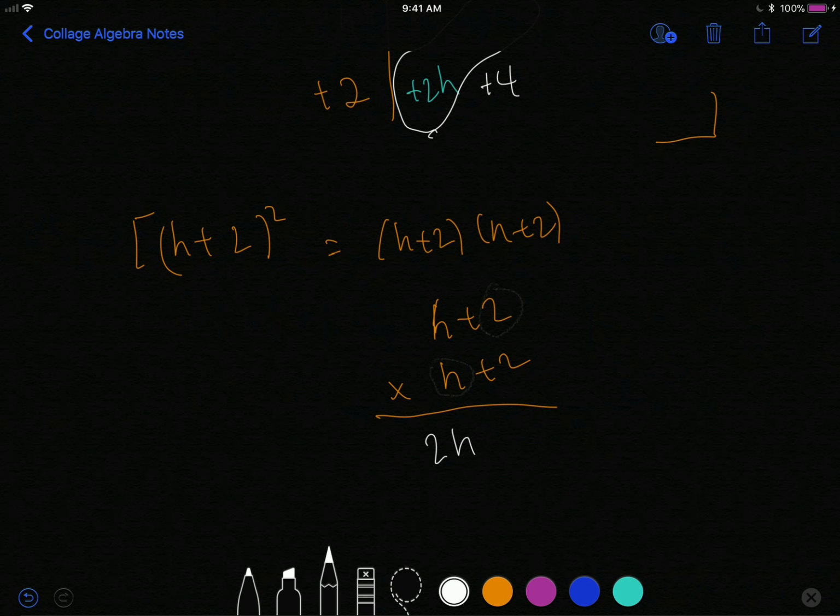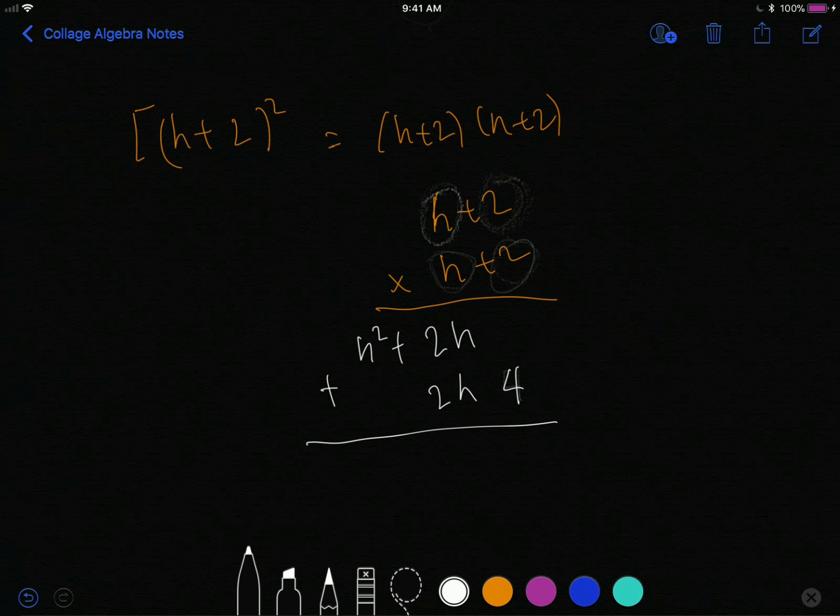And then you would go h times h, which would be h squared, plus, and then you would go 2 times 2, which is 4, and then you would go 2 times h, which is 2h.